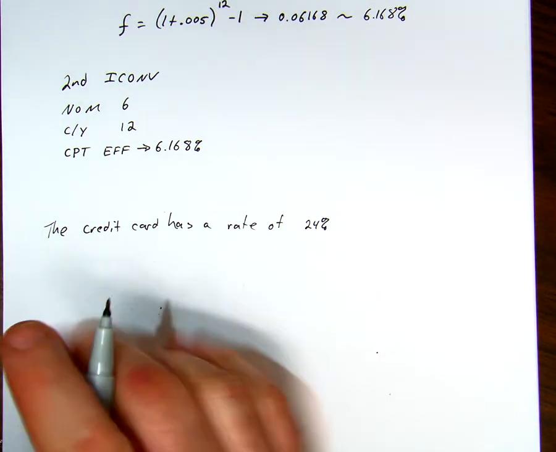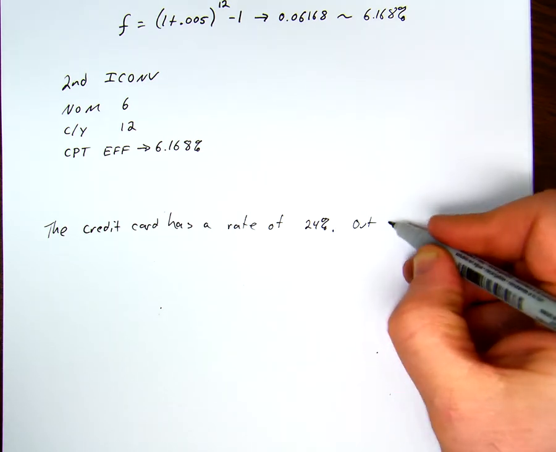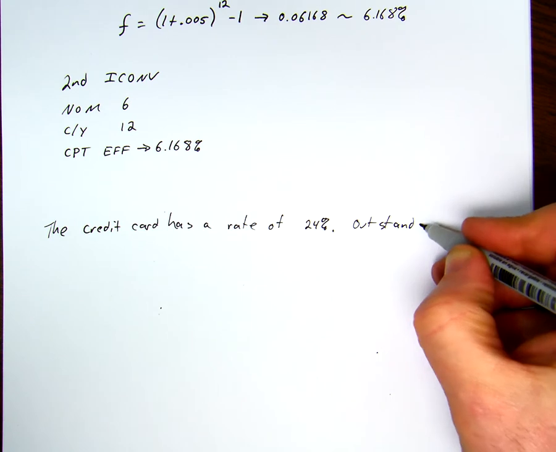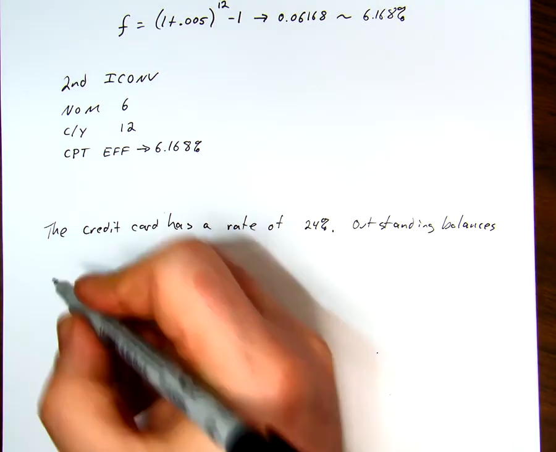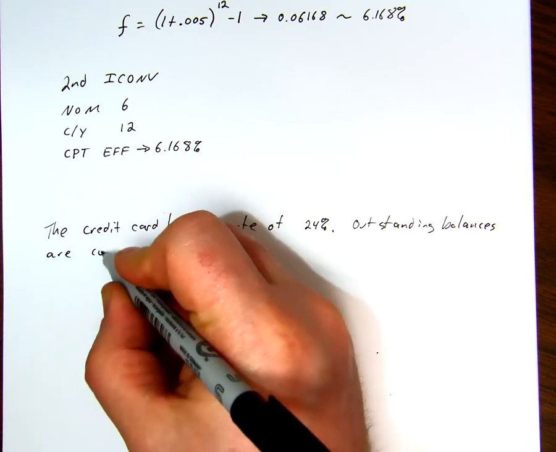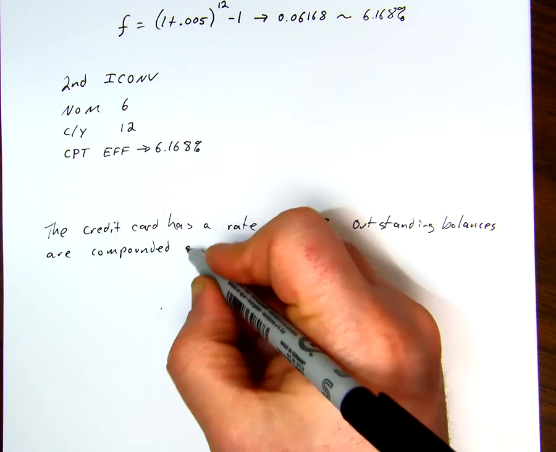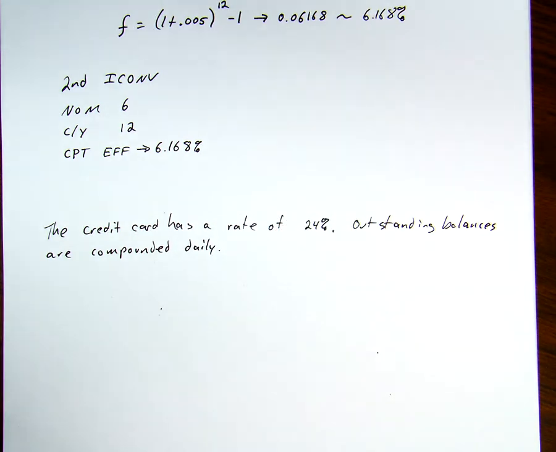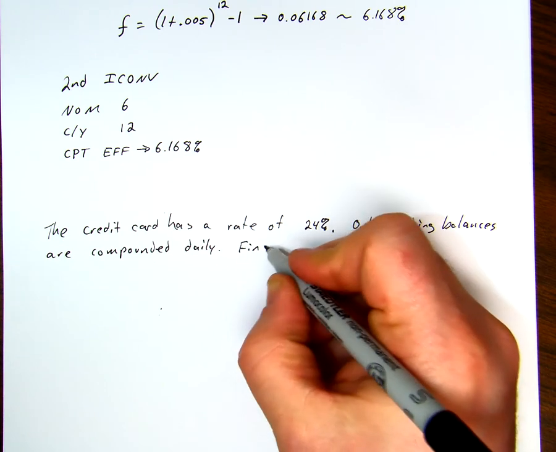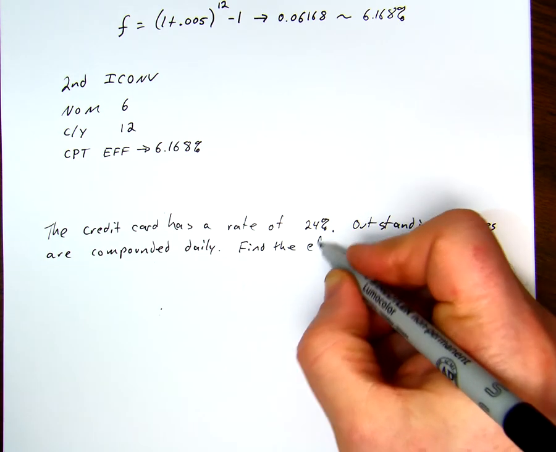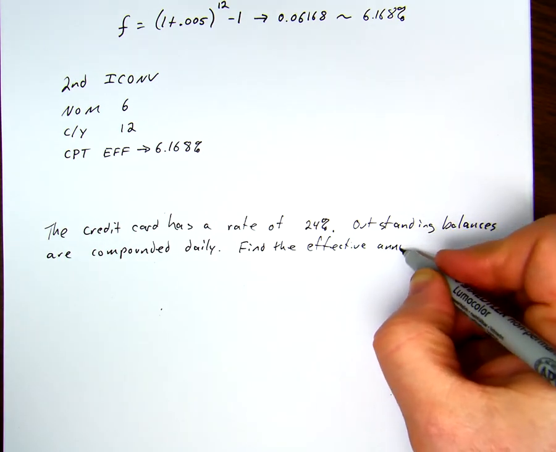When we look at this rate of 24%, we also notice on the credit card that outstanding balances are compounded daily. So what we want to do is find the effective annual rate.